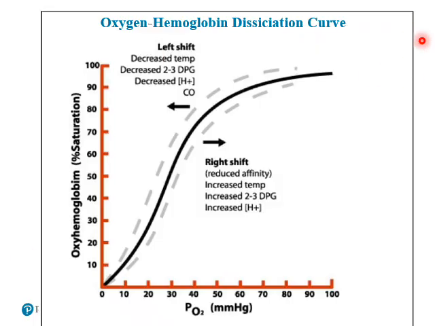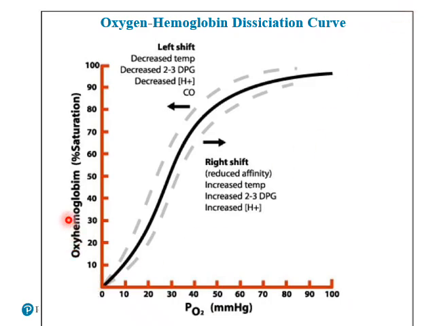Here's actually the oxygen-hemoglobin dissociation curve. Now, that's actually a wrong spelling, dissociation curve. This is the percent of hemoglobin saturation plotted against the pressure of oxygen.